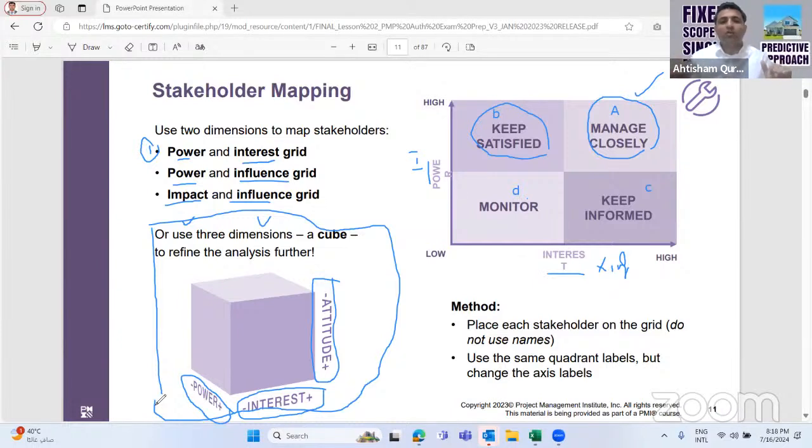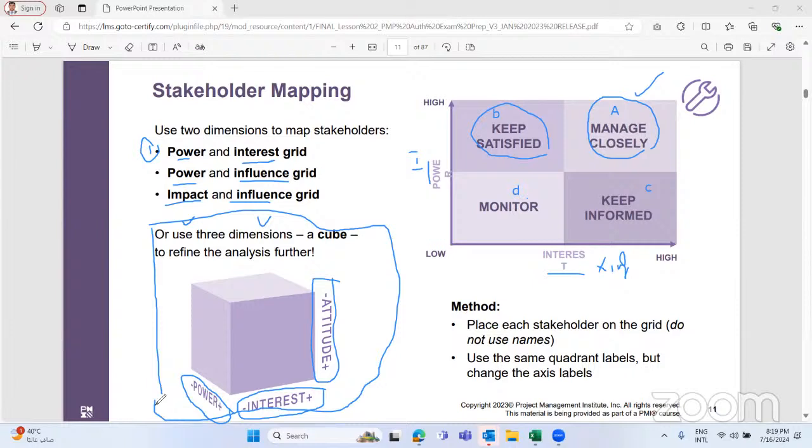The level of interest we know, the power we know, but the attitude towards the project: neutral, resistant, supportive. Are you our people or their people?